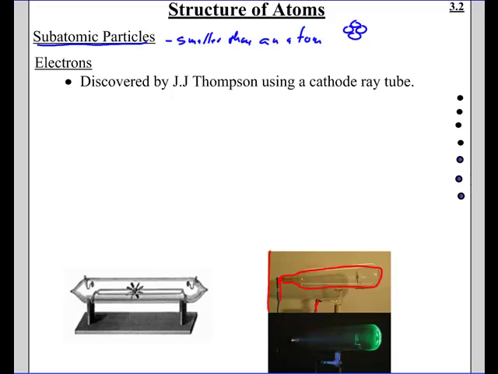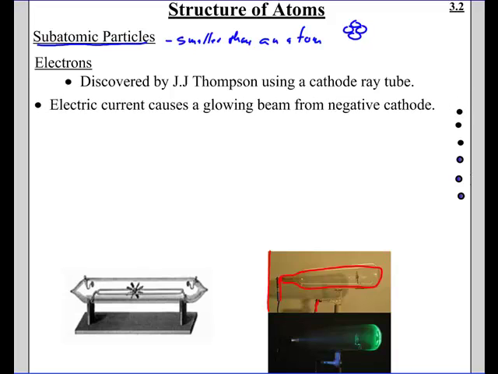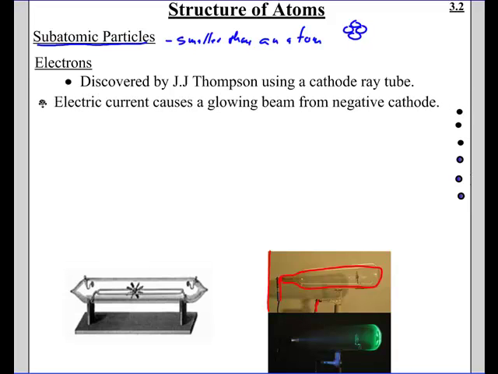Imagine what happened. Well, what he found was that when they pumped an electric current through it, a beam was glowing. And not only was it glowing, but it was glowing from this negative end right here. You can see this beam right there glowing.